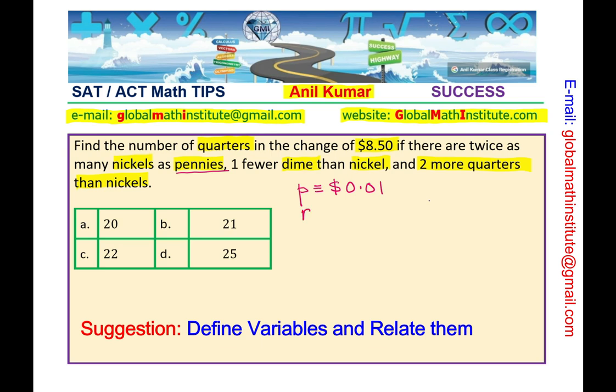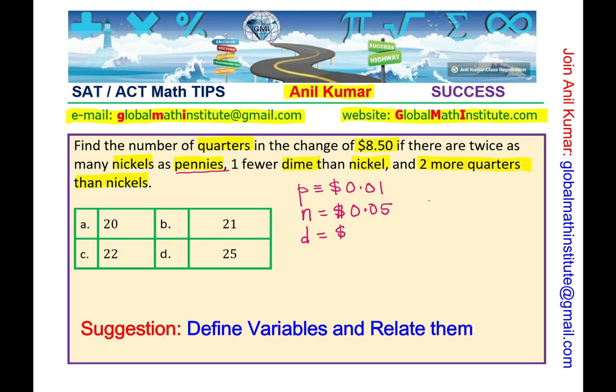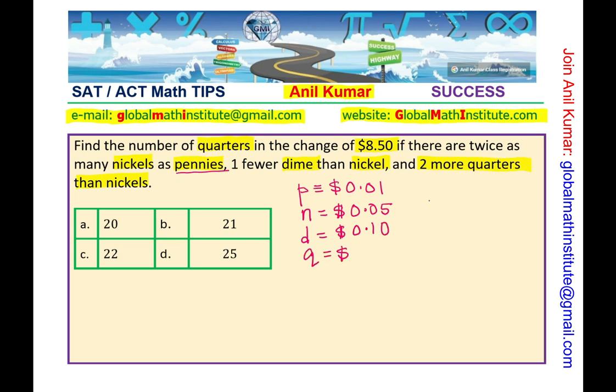Nickel is 5 cents, so in dollar value it is 0.05. Dime D has a value of 10 cents. And quarter Q is 25 cents, 0.25. So that is their values.